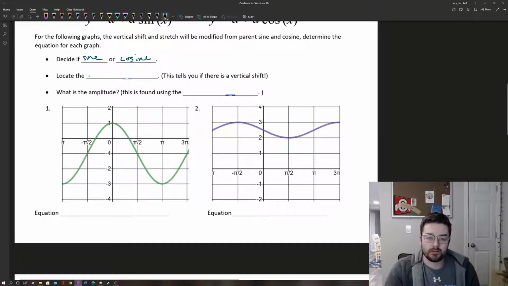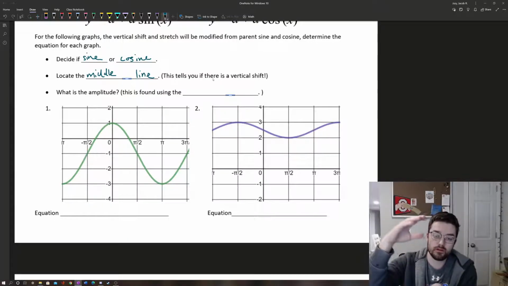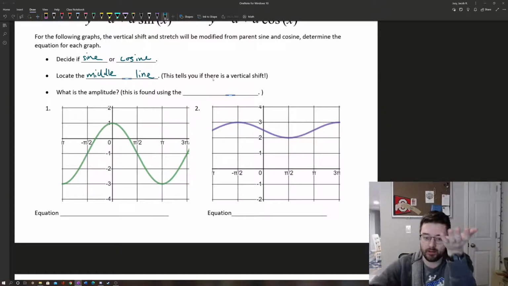And then we're going to locate something called the middle line. This splits the amplitude, because the amplitude is measured by the distance from the middle line to the peak or to the valley.